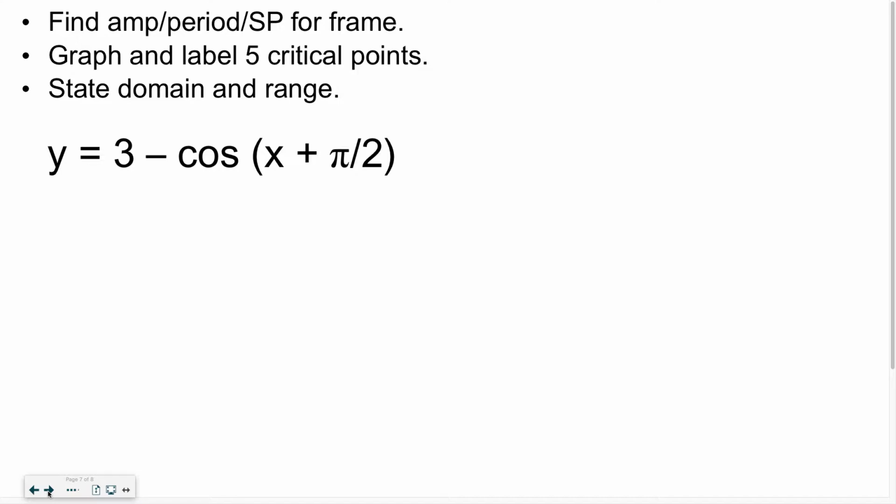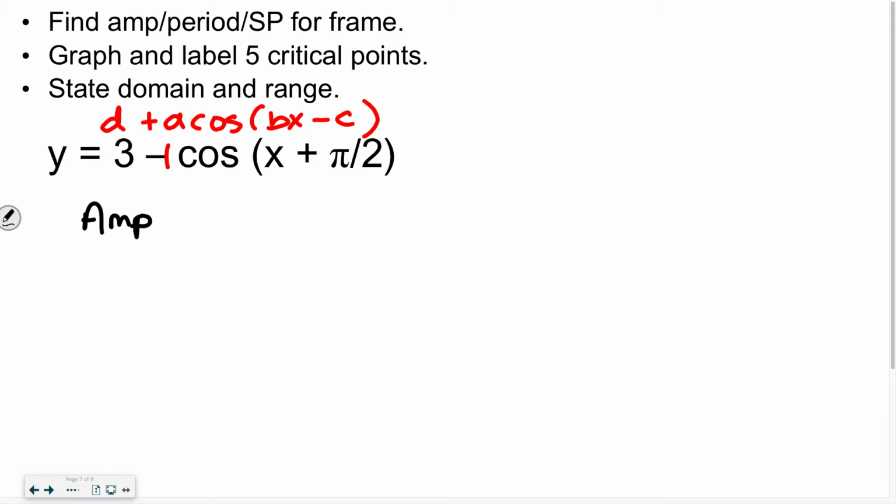So we've got y equals 3 minus cosine of x plus pi halves. Now this one would be a good one to maybe label in the beginning. We talked about this when we did 4, 5 in the beginning. What is this 3 out front? That's a d. And then it's plus a times the cosine of bx minus c. So my value of a is a -1. Be on the lookout for that.